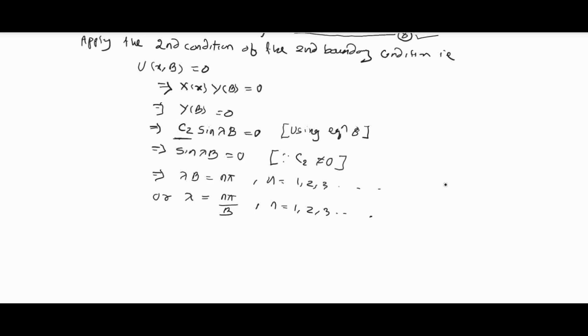We can write this in more generalized form as lambda n is equal to n pi by b for n is equal to 1, 2, 3, dot dot dot. So we got lambda n is equal to n pi by b. Let us keep the value of lambda n here.